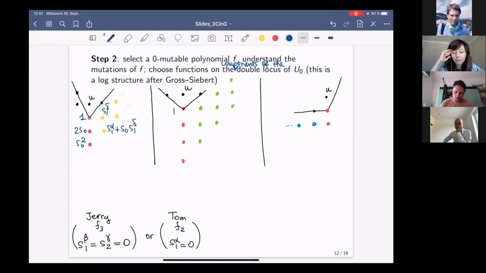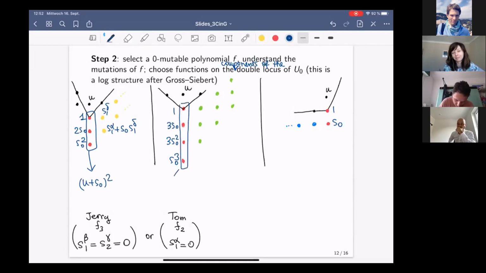So notice on the red lines, I just use 1 and S0 to the correct power. No, here there is no 3. And so basically this means that this guy here is u plus S0 square, of course up to translation. And this guy here is just u plus S0 cube.